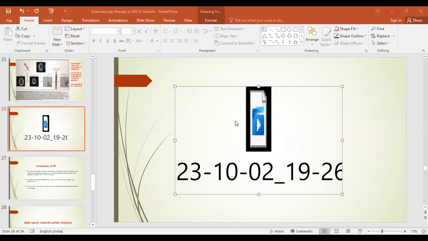Now also you are not able to see. Only audio is visible, audio only. Not able to see. No, sir.